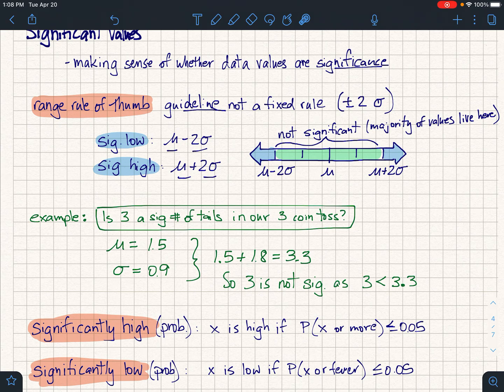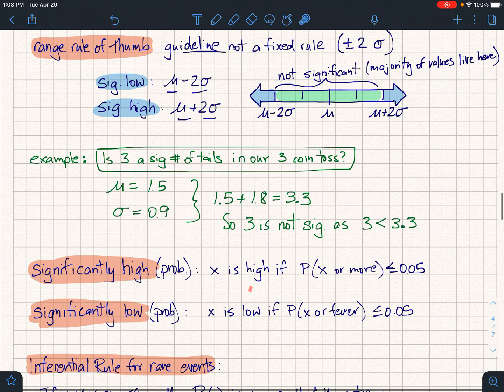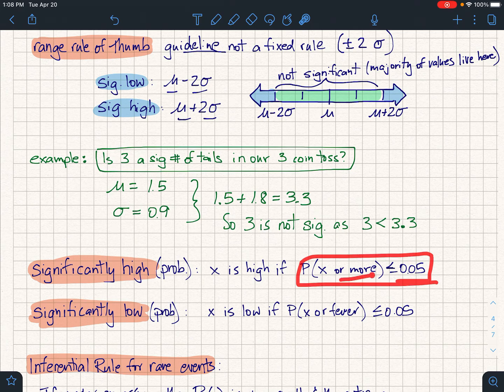All right. Another way to look at it is not at the standard deviation, but just look at the probability of that or more. Now that phrase is kind of important. You don't want to just say the probability of X. So we would say things like the probability of 3 or more tails in 3 coin tosses, which is kind of silly to say because you can't really have more than 3.